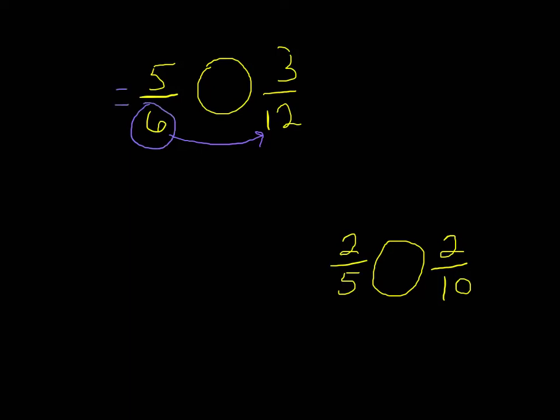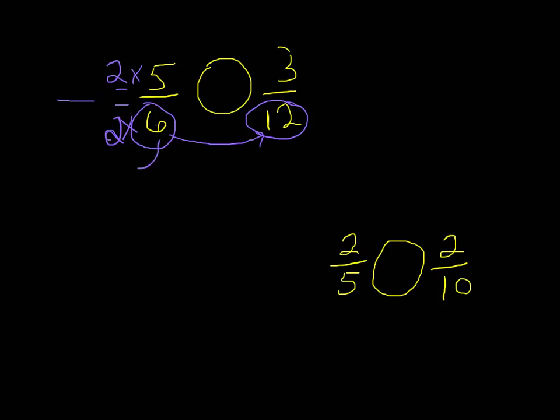Again, connecting what we've been learning with what we are doing now. And it will help me a lot more when I have the denominators, the number at the bottom, the same. So let's turn this 6 by multiplying the numerator and denominator by 2 up here. Let's turn this fraction into a fraction with the denominator equal to the other side.